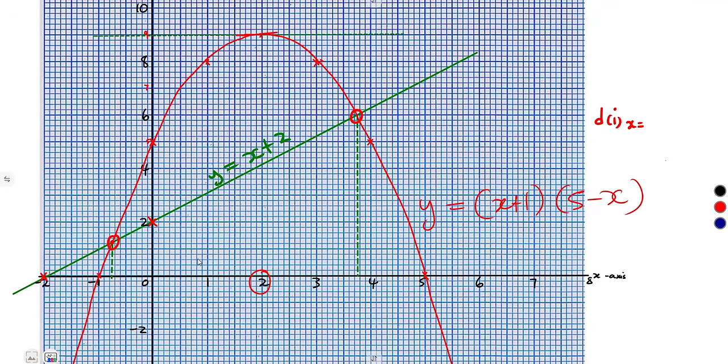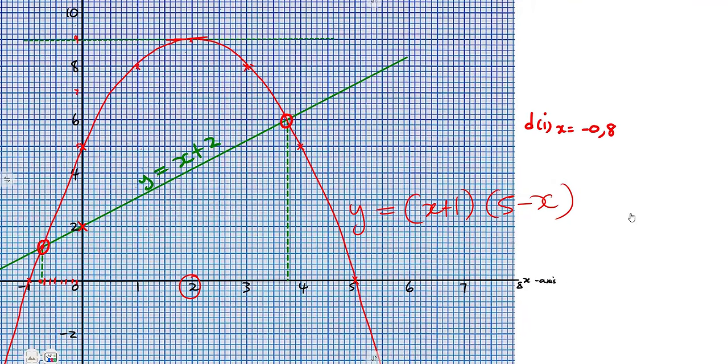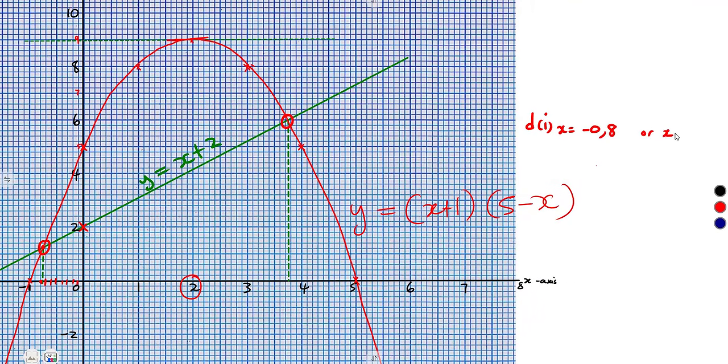X is going to approximate to what? This is closer to point 8. This is going to be negative 1, 0, 1, 2, 3, 4, 5, 6, 7, 8. Negative 0.8 approximately. Or x is equal to, this one here is going to approximate here, which is 3.8. 1, 2, 3, 4, 5, 6, 7, 8, approximately 3.8.